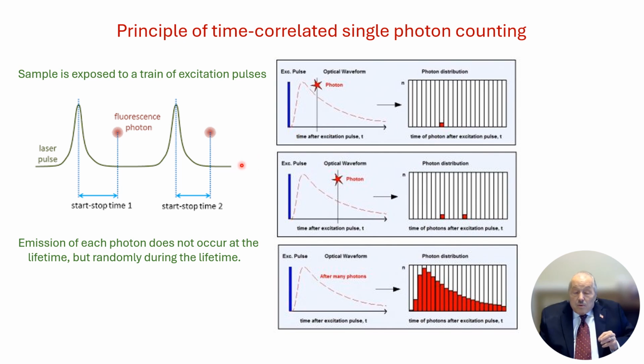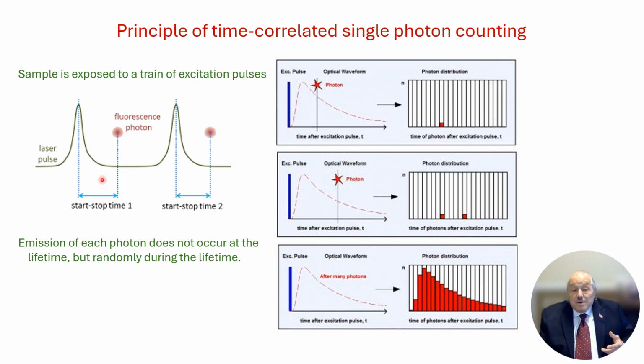In order to do time correlated single photon counting, if you do it one time, you only get one photon, so that doesn't tell you much. You have to use a string of laser pulses, because you have to do this experiment many thousands of times.